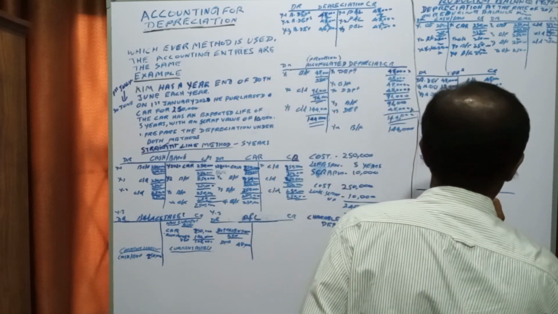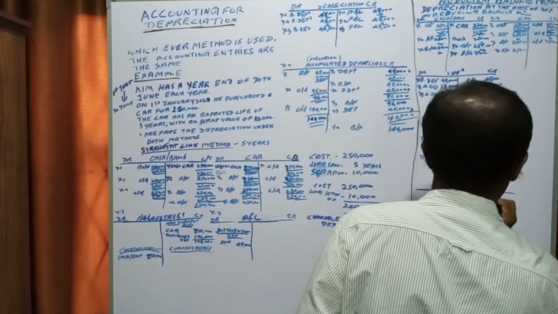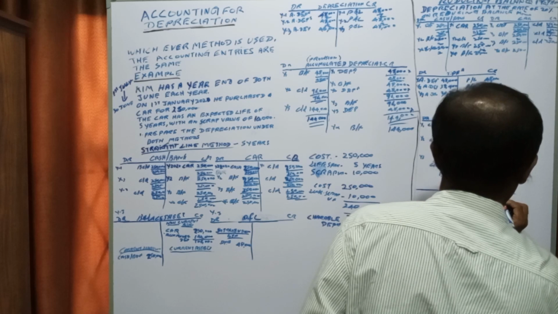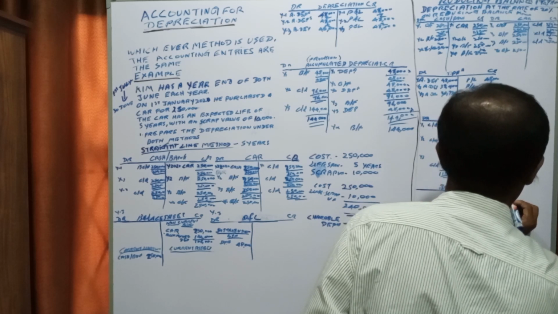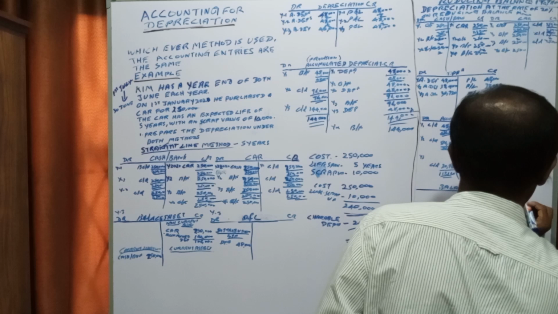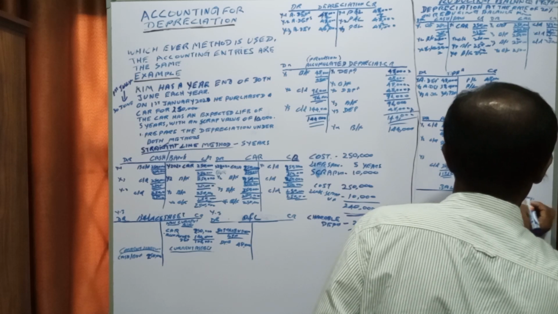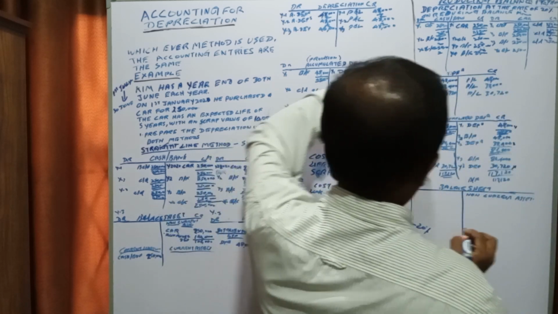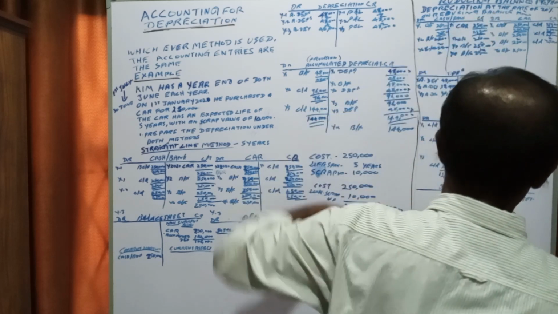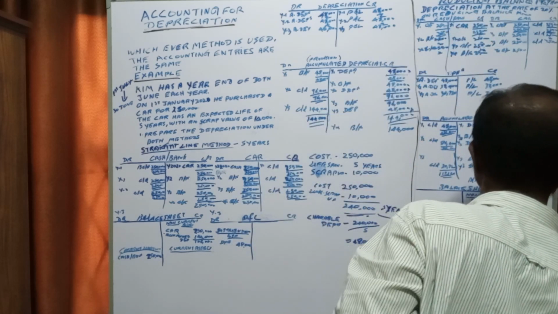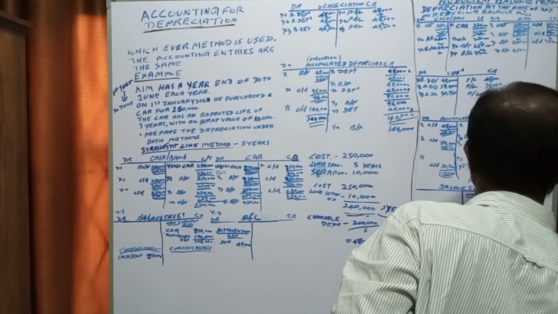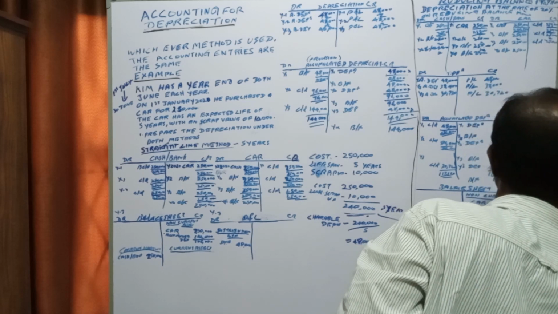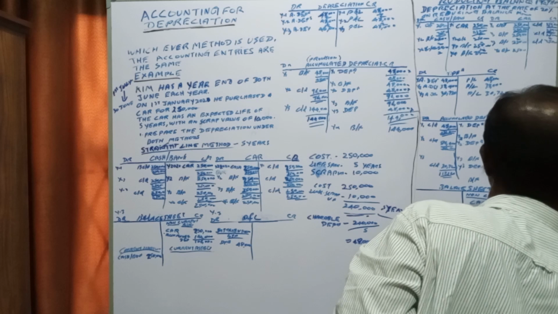Under the non-current assets, motor vehicle, car. Car cost is 250,000.